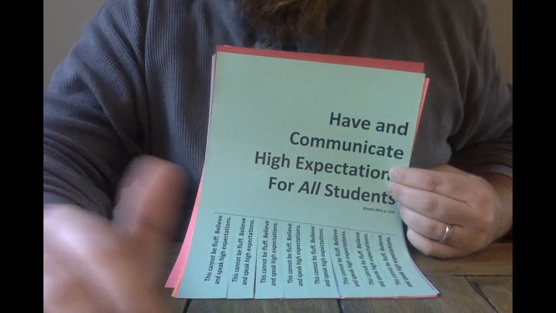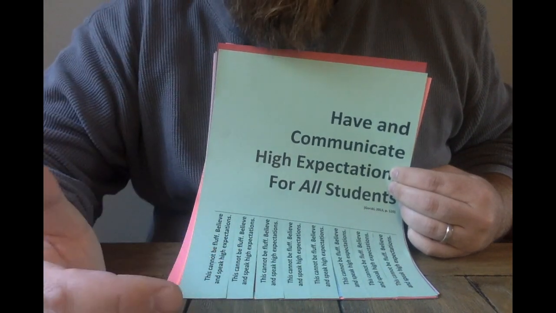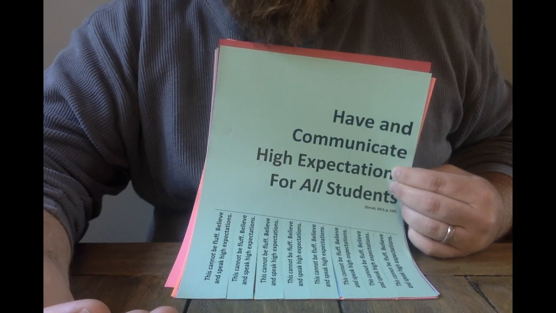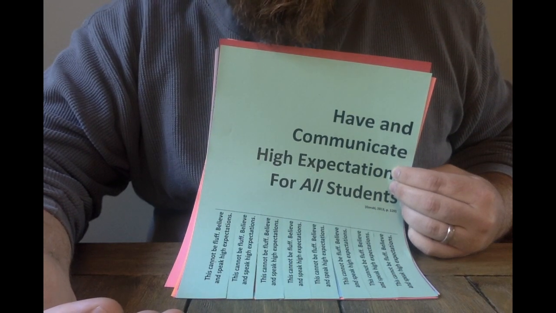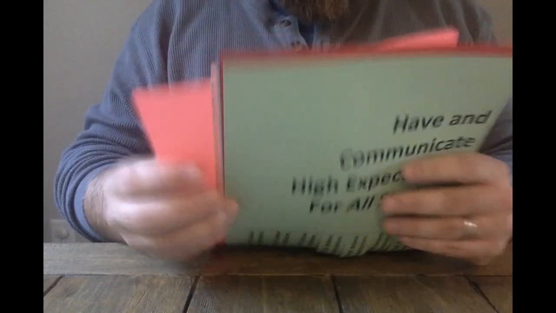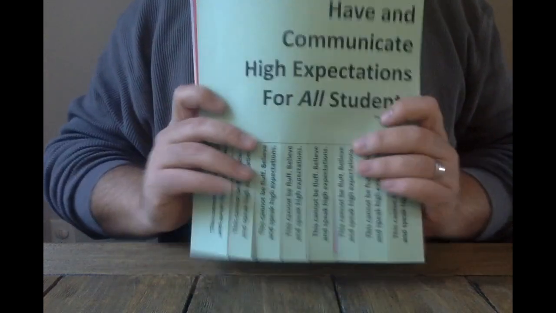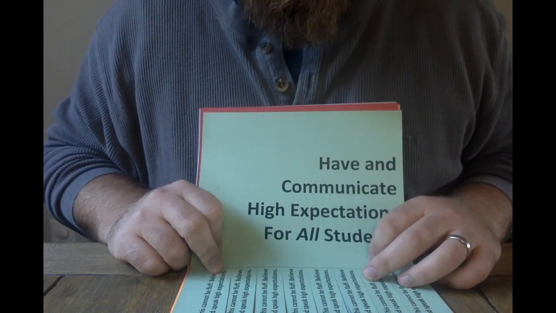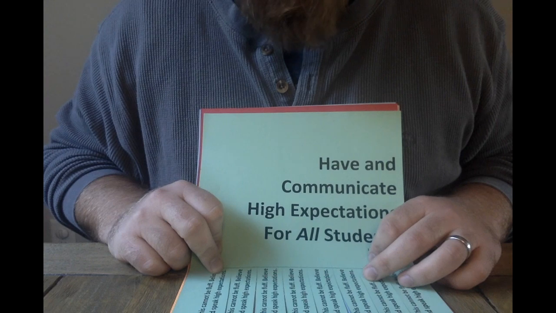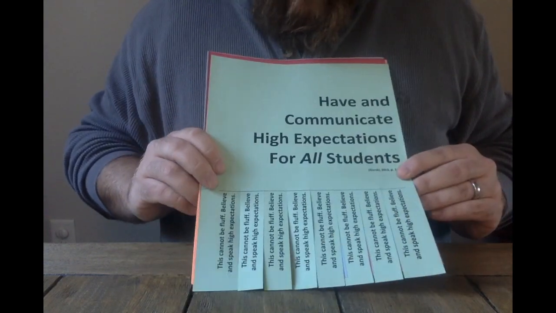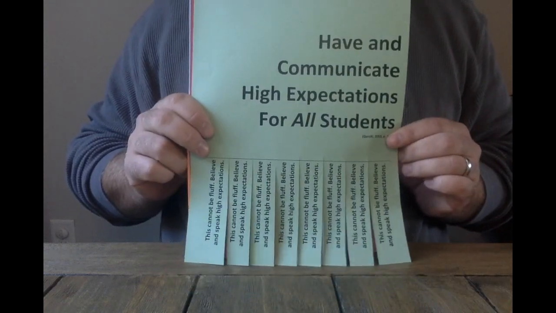And Gorski even cites some research that says that students learn more and more deeply when teachers demonstrate that they believe in students' abilities to do so. Pretty neat stuff. Okay, so yeah, I'm definitely going to take these and put them up around school, or maybe even put them up out in the community, maybe here in my apartment complex. Maybe my landlord wouldn't be too disappointed with that. Yeah, have and communicate high expectations for all students. This is great.